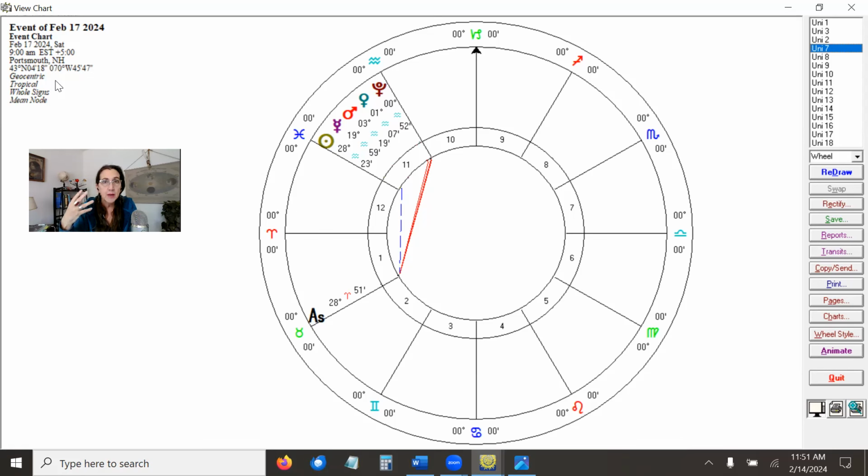Something new can start to show up for you. Now, Pluto will spend the next 20 years, again, with that exception in the fall of this year, 2024. It gives us this opportunity to really work towards those important social things that are for you.